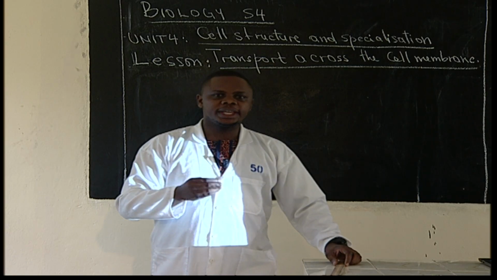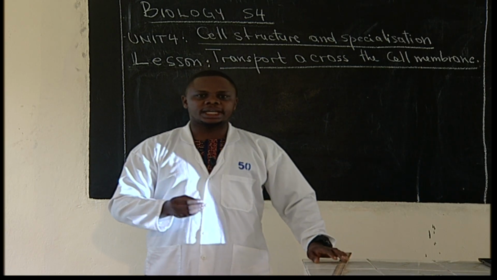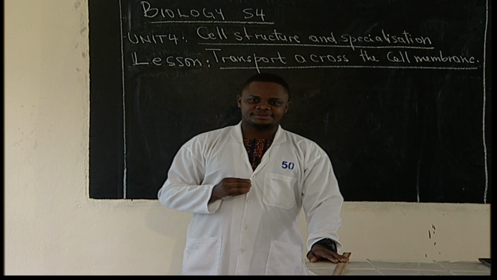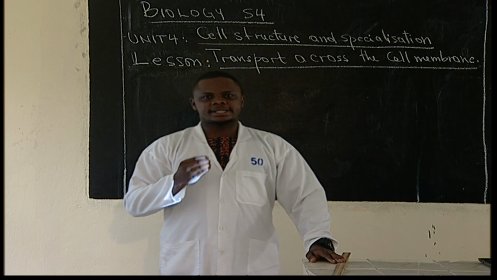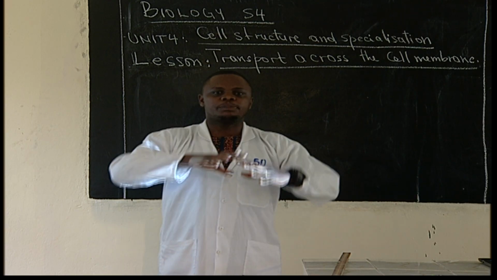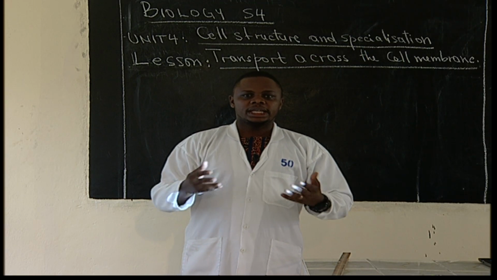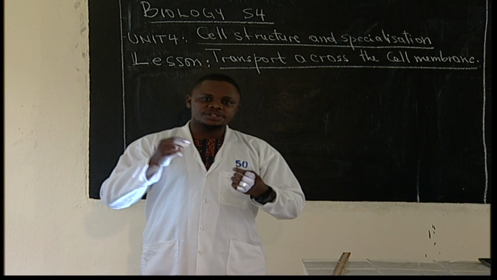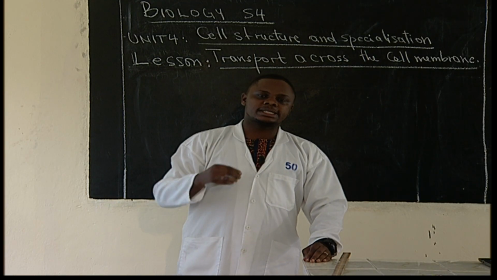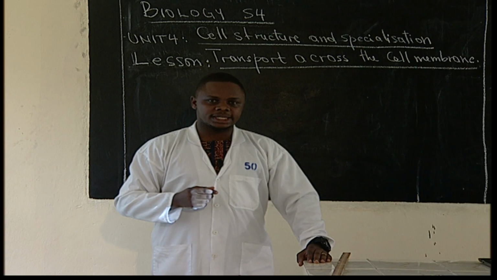Students, why do you think a cell membrane is important to cells? Yes, it is important because it protects the internal parts of the cell. It is also important because it allows materials to go inside the cell as well as outside the cell.